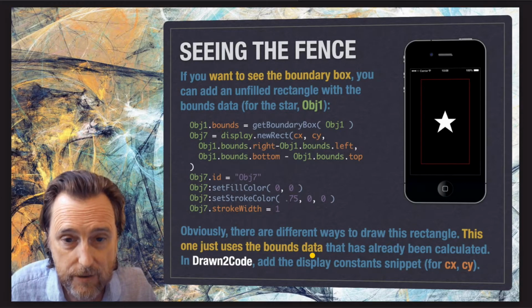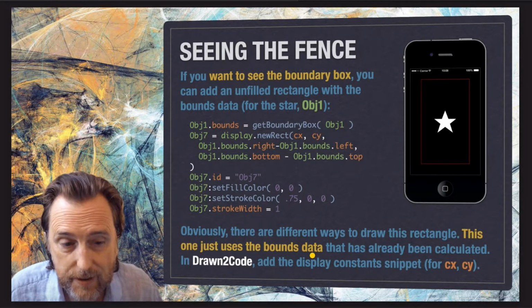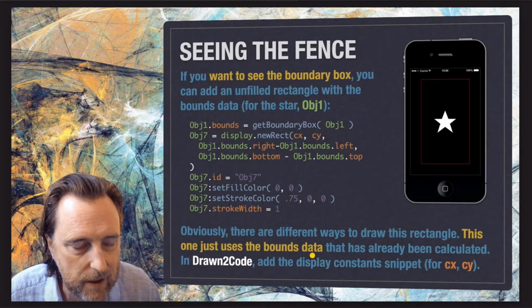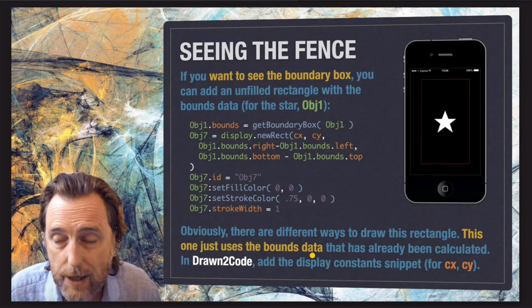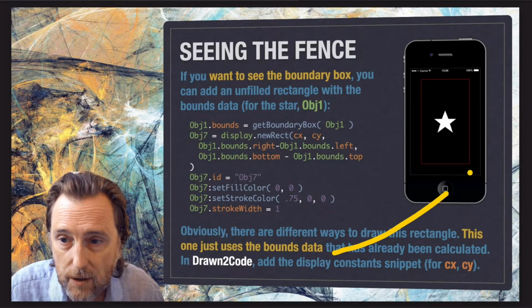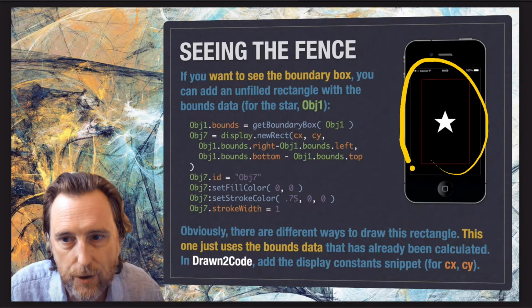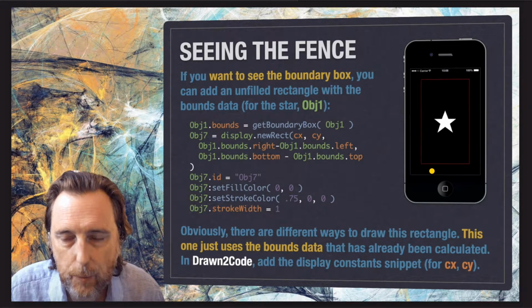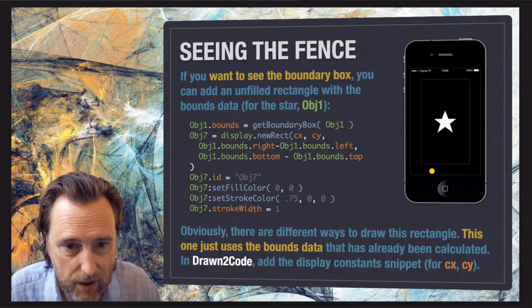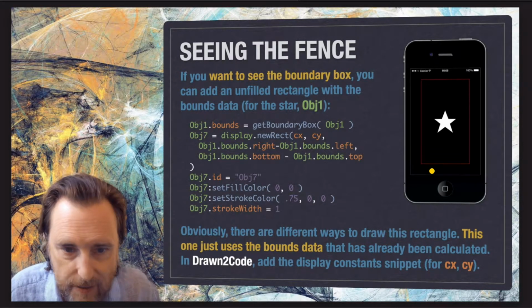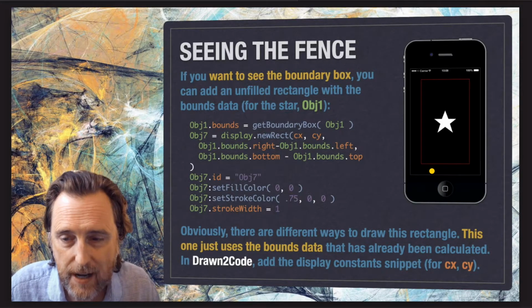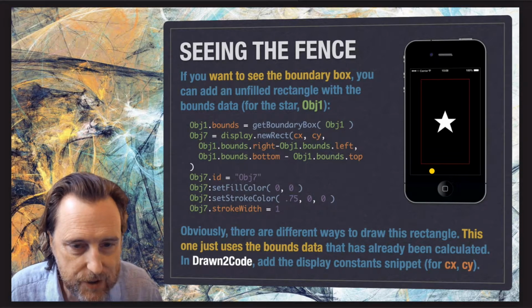Before we get to the logic of how to use the fence to actually bound the star, let's see the fence. That's a little bit of work, just because we're going to have to create a display object. If we want to draw this rectangle, which is all we're doing here, we'll need to create a rectangle, and then we'll need to set its width and its height. We don't have its width and height in the bounds data directly.